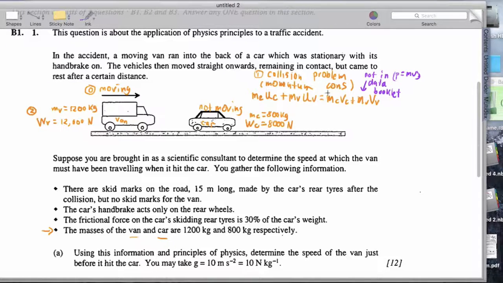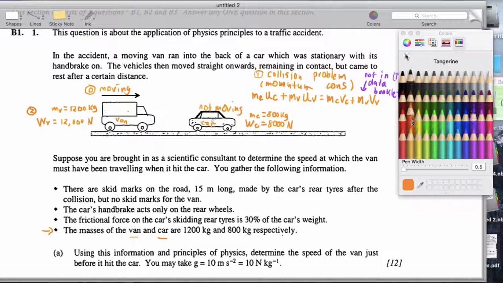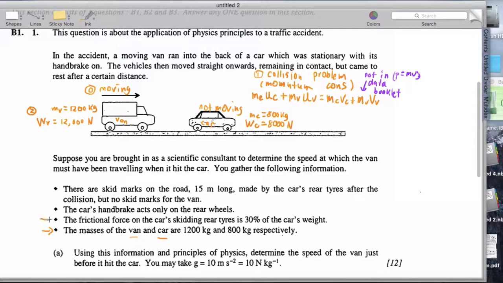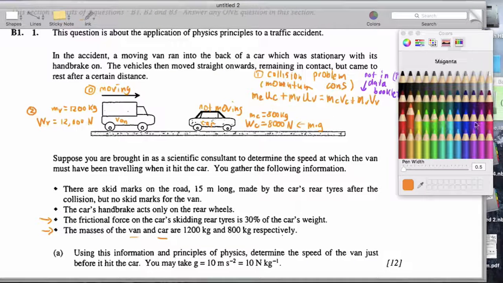Okay. So we're told the car's frictional force is 30% of its weight. I'm just working up on these bullet points because I can. So I know the car's weight. I calculated that. Remember, that's m times g. This is given in the data booklet.